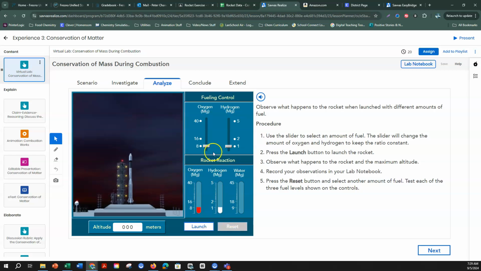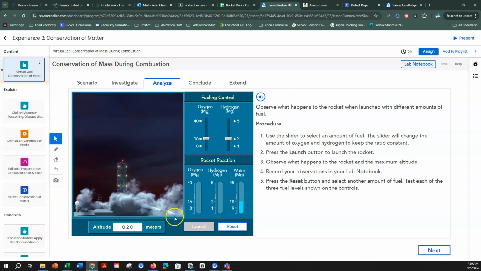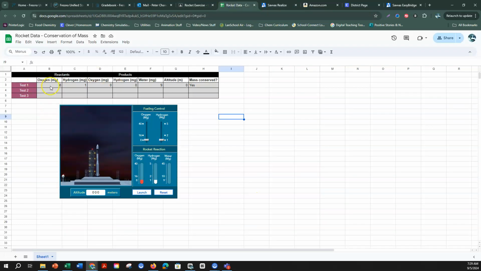So we'll reset, bring this up to 16 and 2. We'll launch. And we have some altitude. Thankfully, no humans were in this rocket. We have 20 meters that it got off the ground, but not fully into the air. We used all oxygen, used all hydrogen, and we have 18 water parts. So we're going to go back over here.